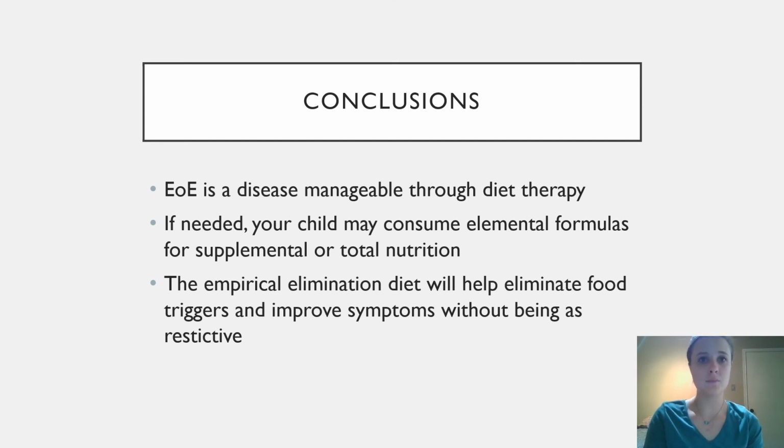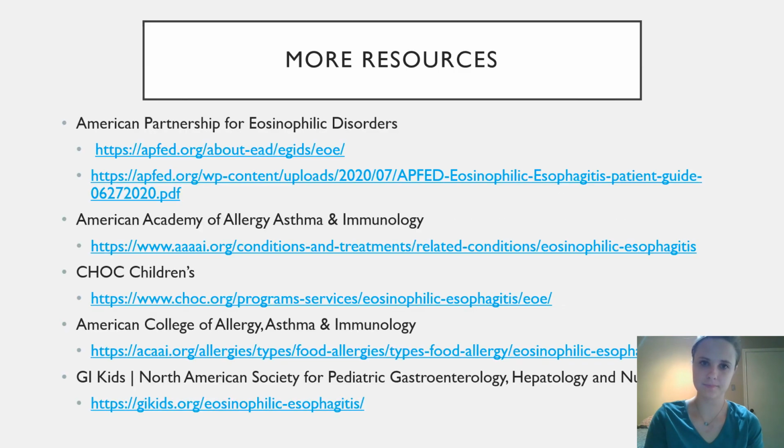And then an empirical elimination diet will help eliminate food triggers and improve symptoms without being as restrictive. So as always, you would want to consult with your RD or your doctor to determine which of these is going to be best for your child.